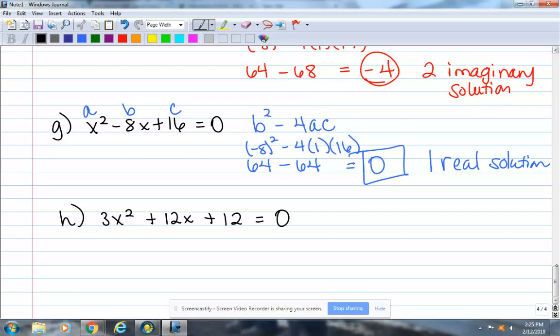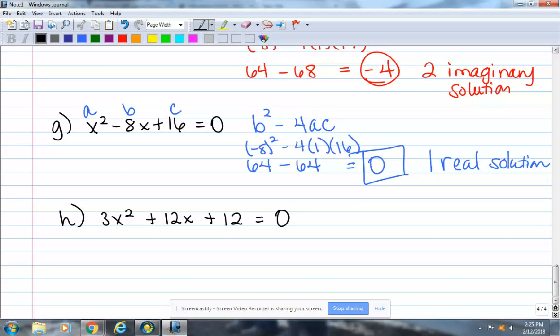I'm looking for a number for your discriminant and then how many solutions and what kind of solutions they are.